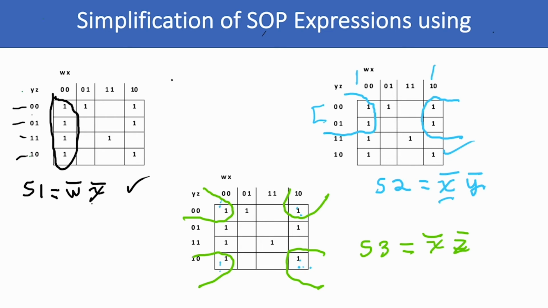If we just did a one cover, the product term would be w x bar y z bar. But if we reuse these ones that we've already used, which is perfectly okay, we can reduce it down to x bar z bar.